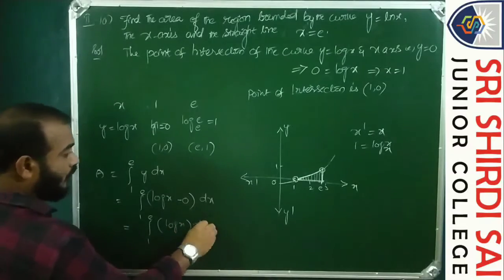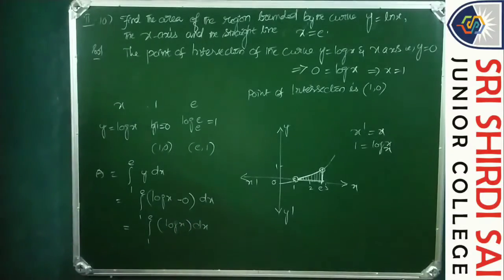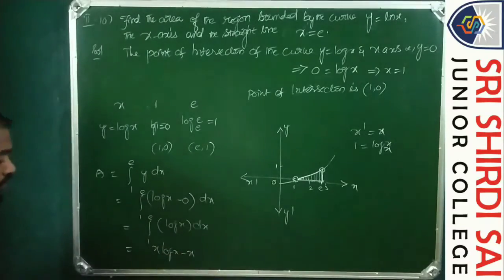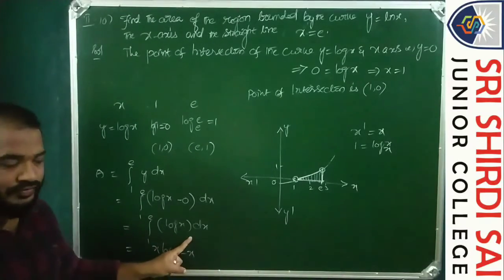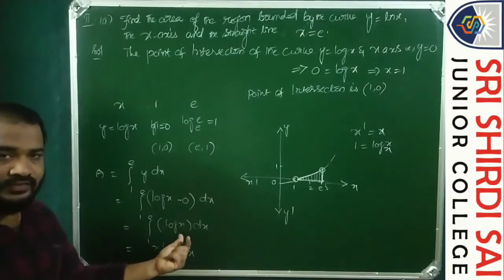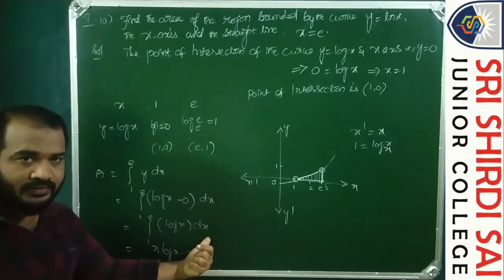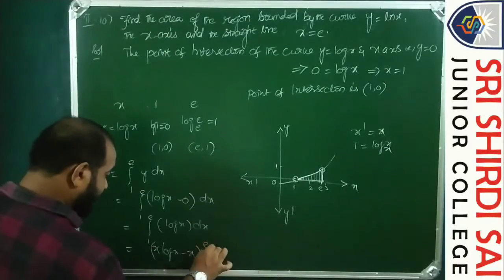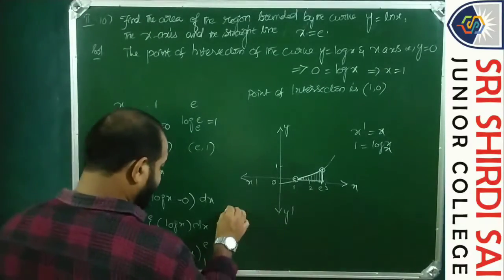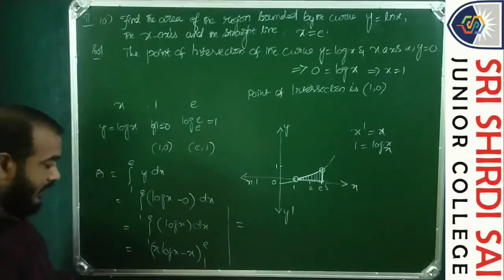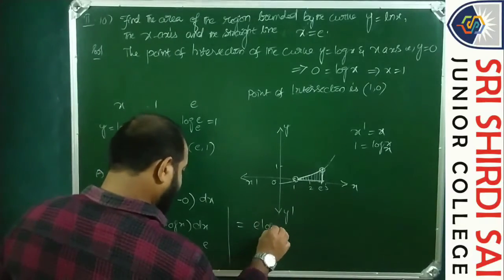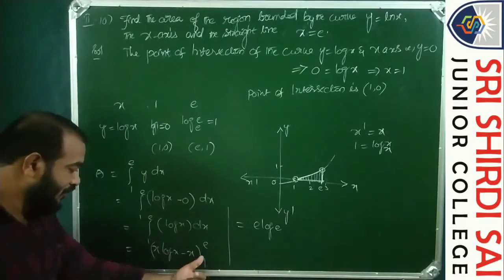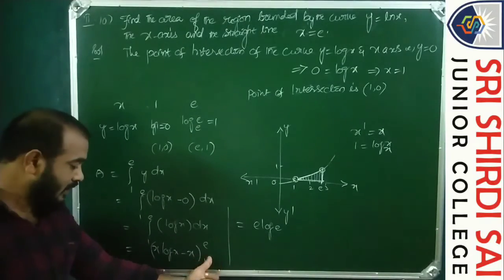The integral of log x we know, x log x minus x. How? Log x into 1. If you take log x as the first function and 1 as the second function by parts, then we will get this, from 1 to e. So this equals e log e minus e, minus the lower limit, 1 log 1 minus 1. Since the process of integration is over, substitute the upper limit in x.